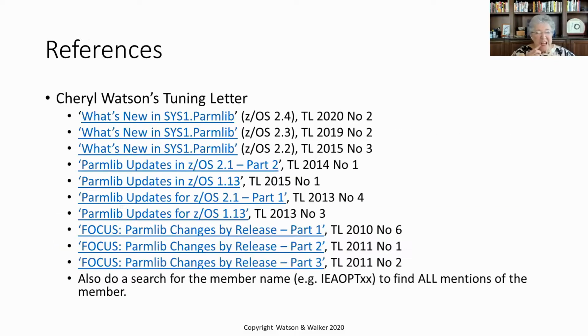Okay, I just love the new manuals. For those who take our tuning letter, you'll see that PARMLIB has always been part of our love. And so these are simply articles for you. All right.